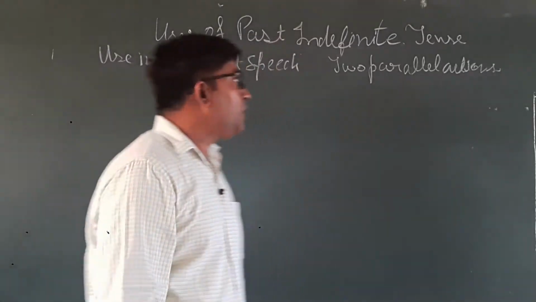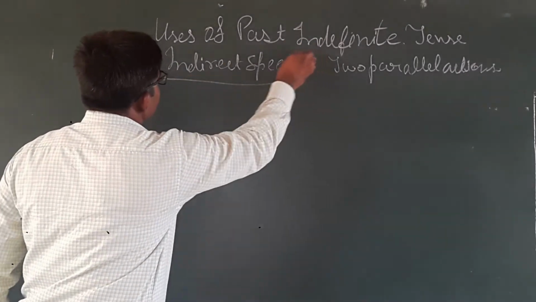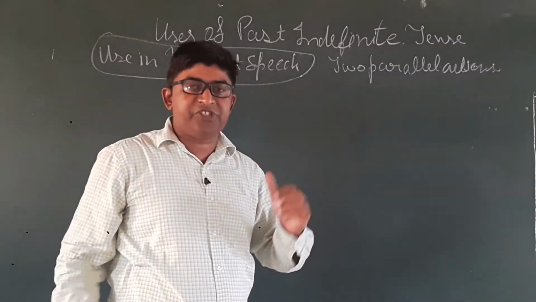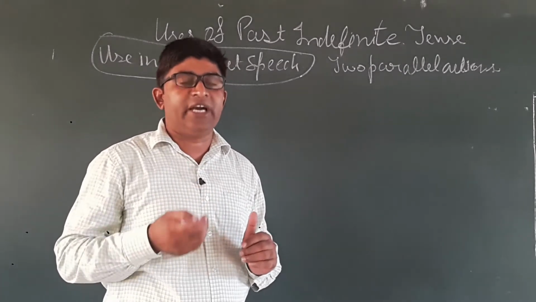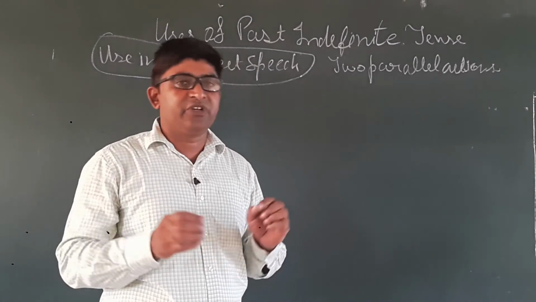The next use of past indefinite tense is in indirect speech. When there is a sentence in direct speech in present indefinite tense, and we change it into indirect speech, from present indefinite to past indefinite, we convert it.